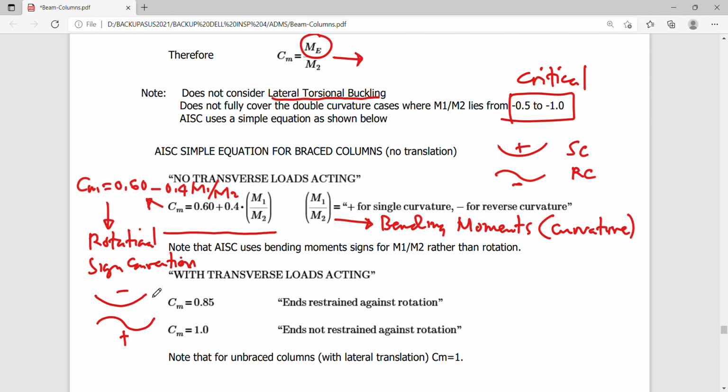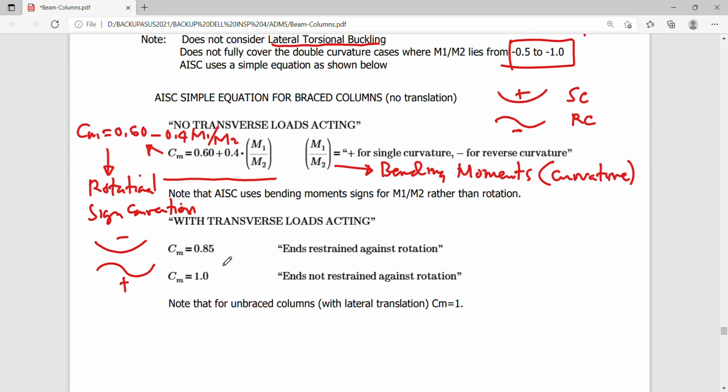Okay, so this is only applied when there is no transverse load acting on it. But for types of beam column where transverse loads are acting, a fixed value of 0.85 for restrained ends and 1.0 for unrestrained ends, so you mean here the pinned ends, are recommended.